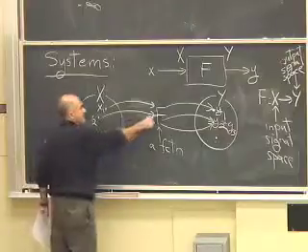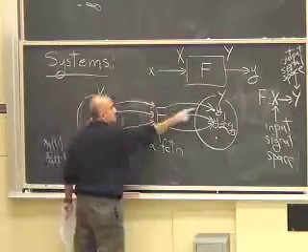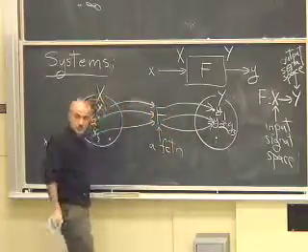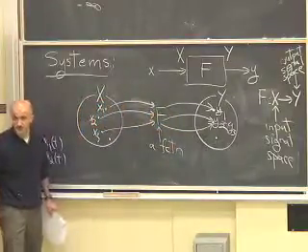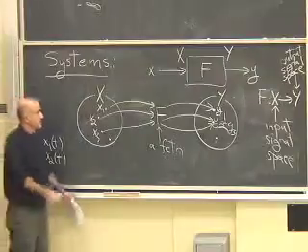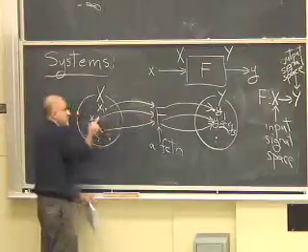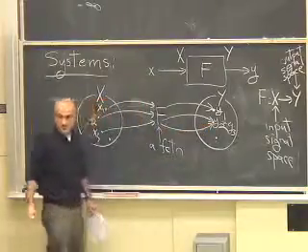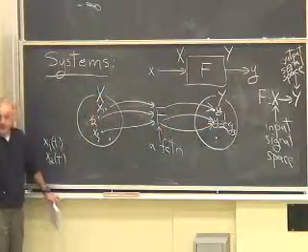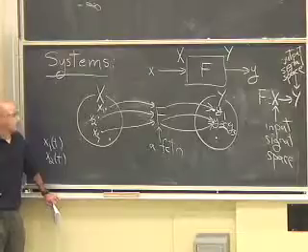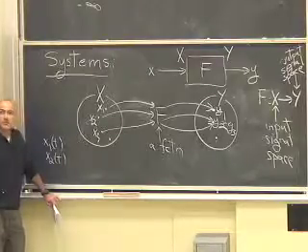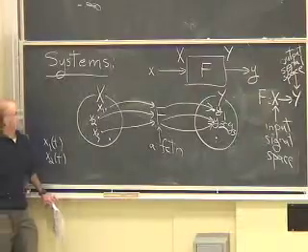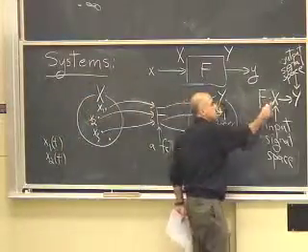I can't have an f that maps x1 to y1 and also maps it to y2, because that would violate the definition of a function. But I can have a system that takes two different input signals and maps them to the same output signal. That's possible because a function can do that. What makes systems more complicated than signals is their domain and range.